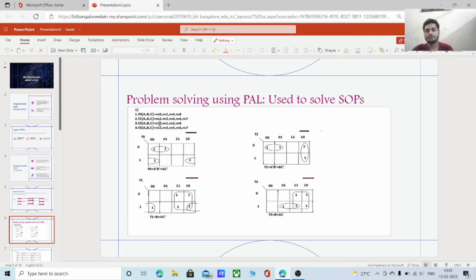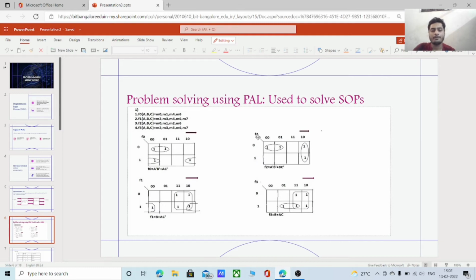In f1, the cell values at 2, 3, 4, 6 and 7 are 1. So these 4 ones we can group as a quad, and this one and this one we'll group as a pair. The quad gives the output B, and this pair gives the output A into C complement. So f1 is B plus A into C complement.